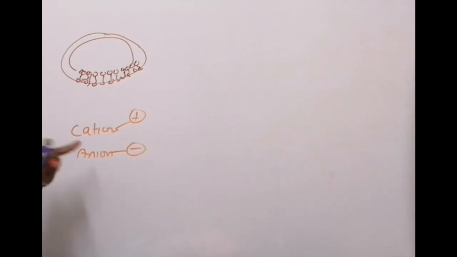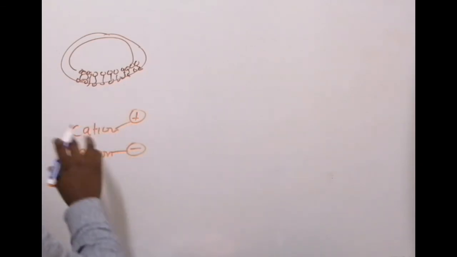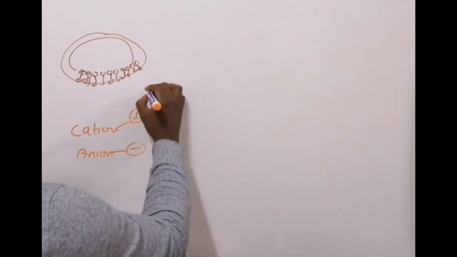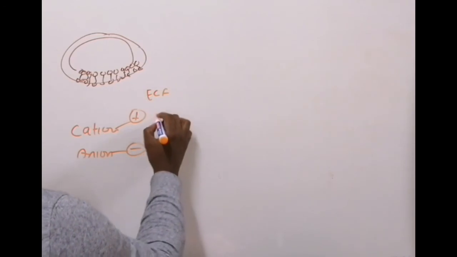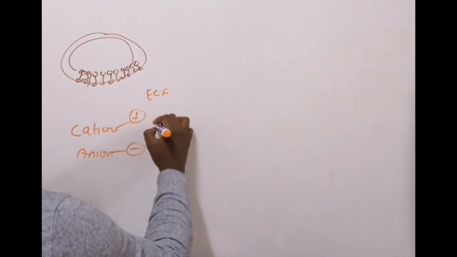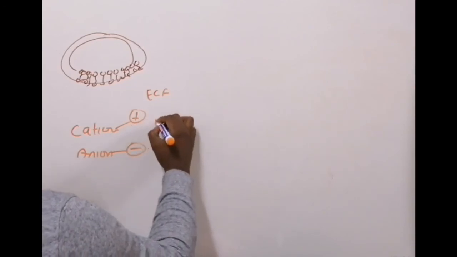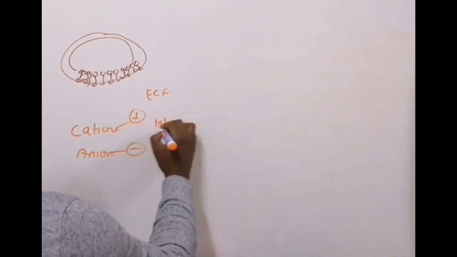So cations in the body, we find them in the extracellular space, and also we find them in the intracellular space.